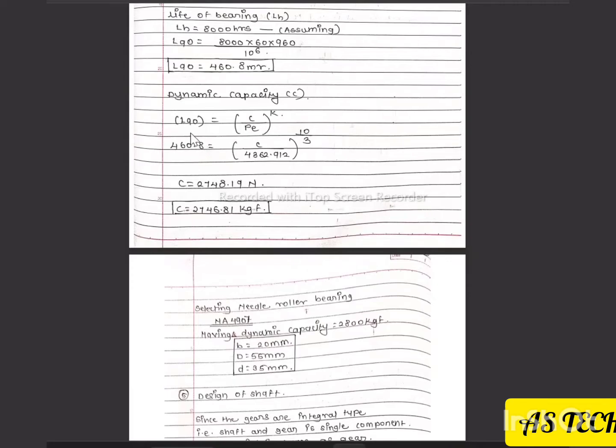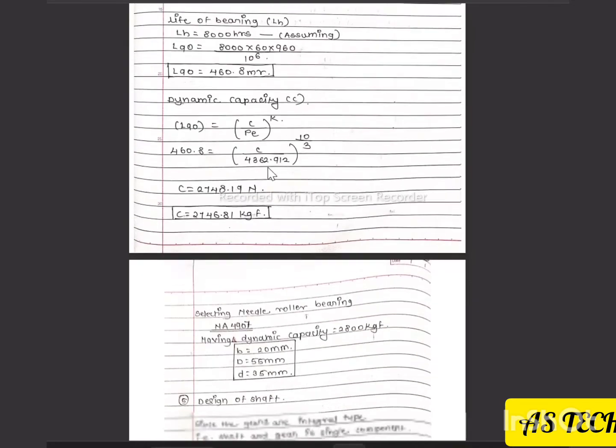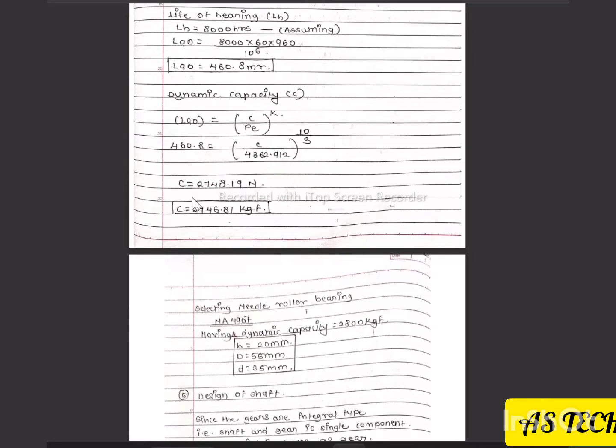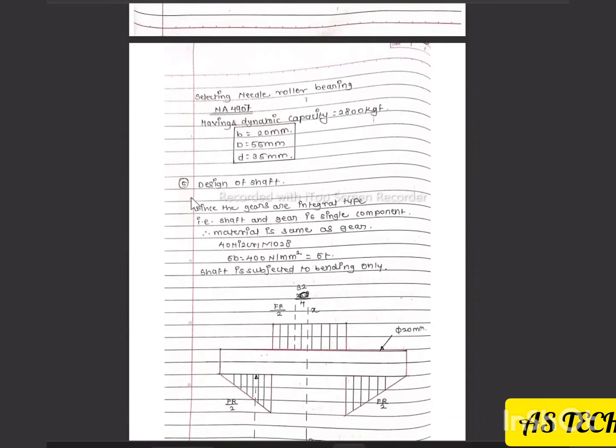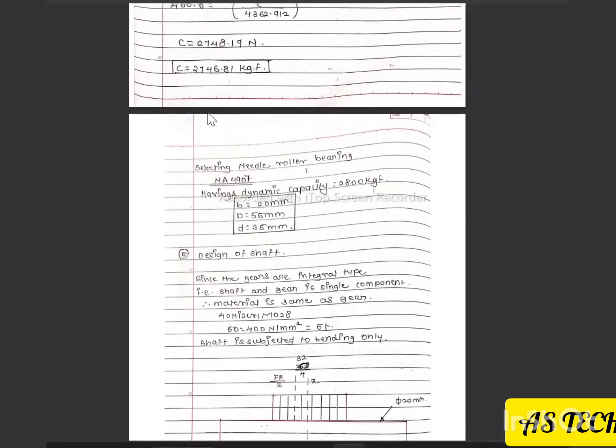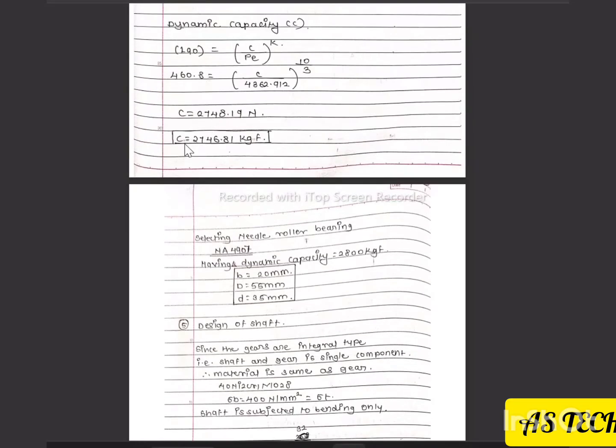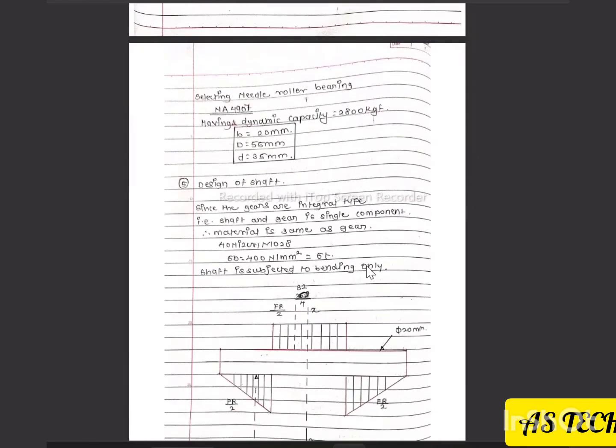So put the value of L90, C upon the value of P, raised to 10 by 3, we get the value of C. Now we select the needle roller bearing from PSG 4.5, taking a suitable C. The C value is 2746.81. So select 2800 standard dynamic capacity, that is in kgf.